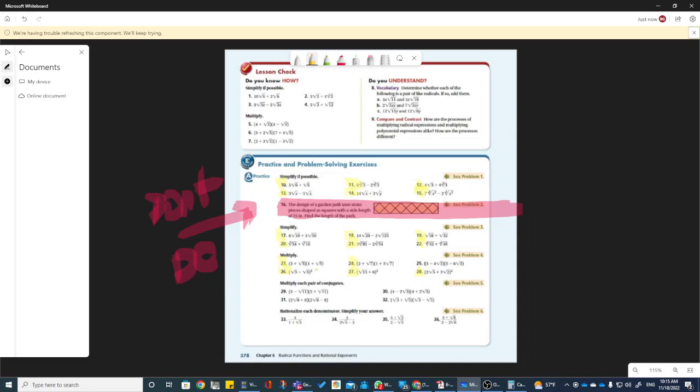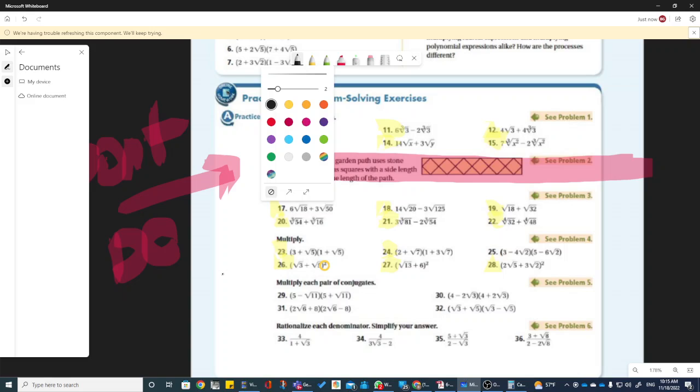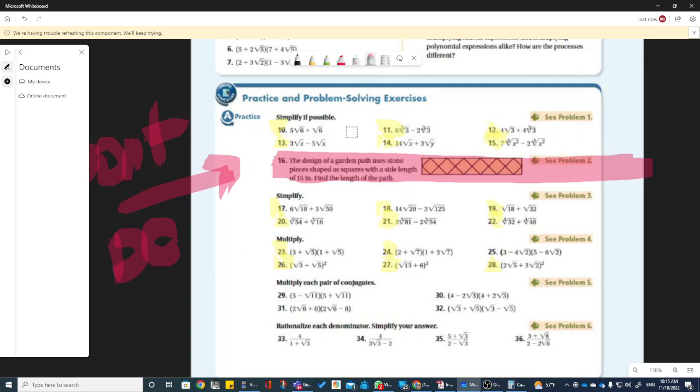Start working on them. In a situation like 26 where you see this square over here, all you gotta do is this.